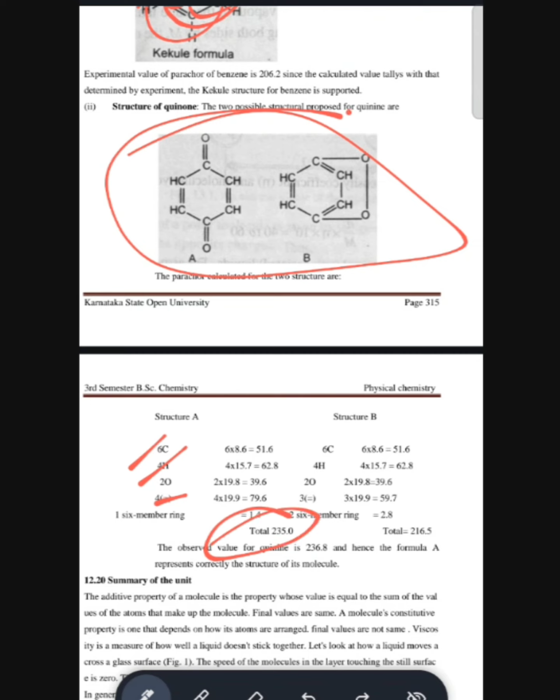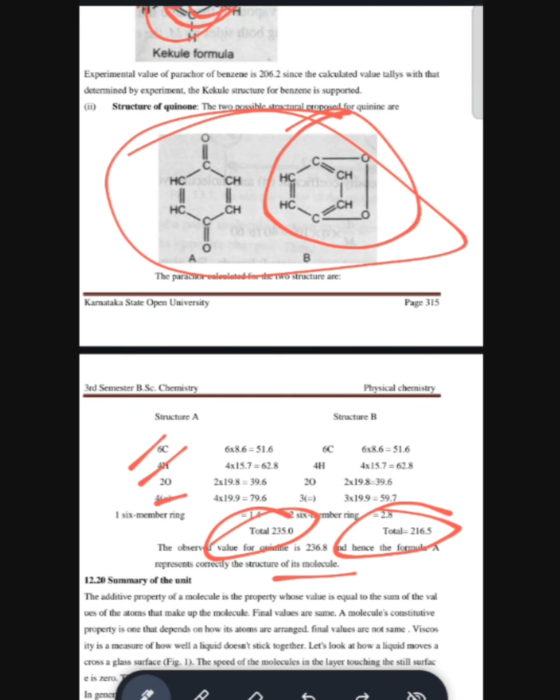By the same method, structure B has a different structure of quinone, so it may give 216. The observed value of quinone is 236. Hence formula A corresponds correctly to the structure of the molecule.